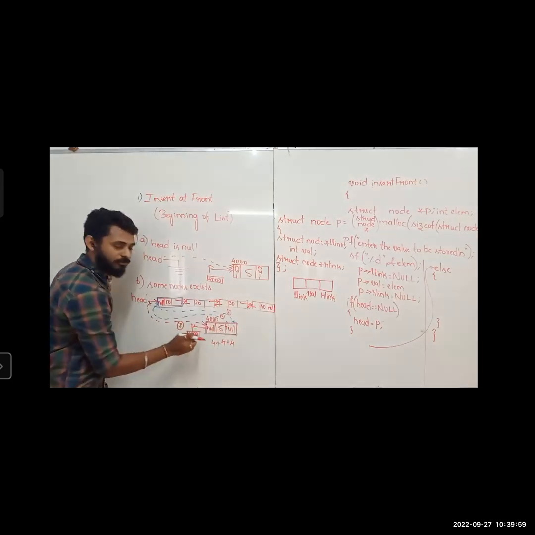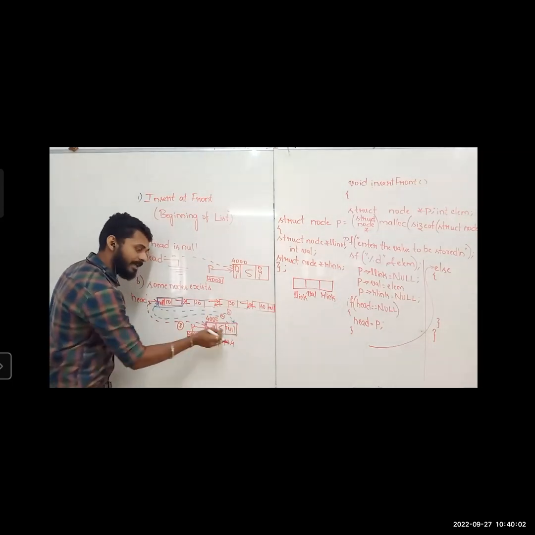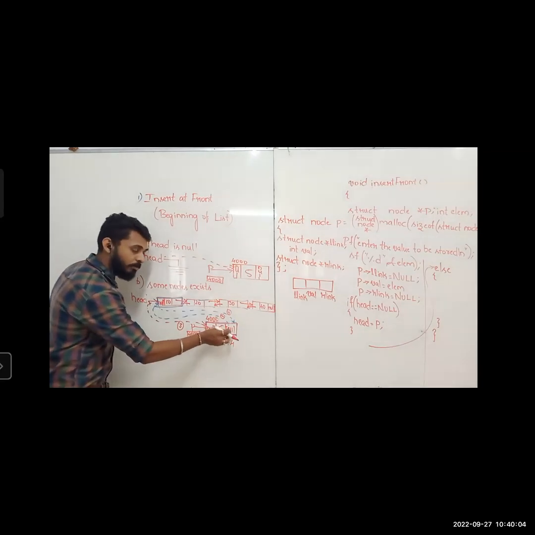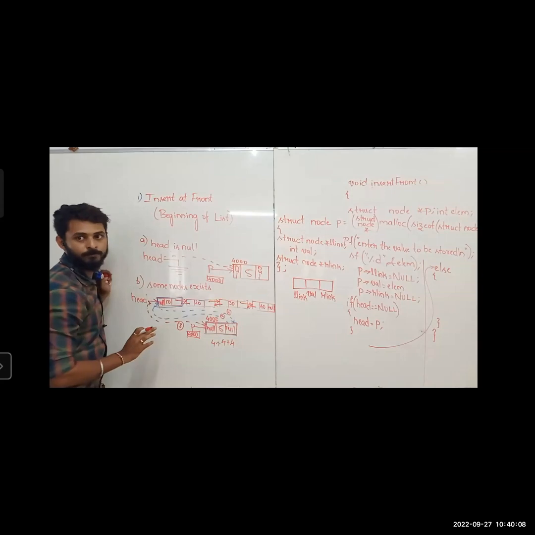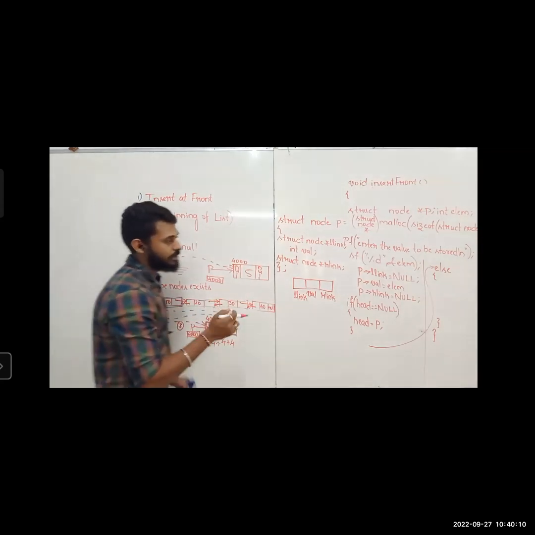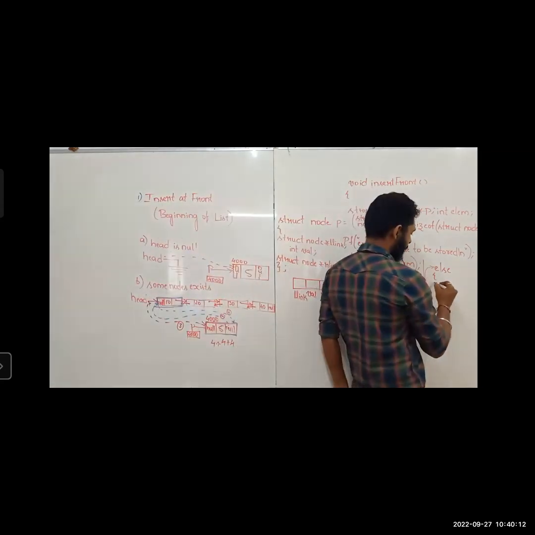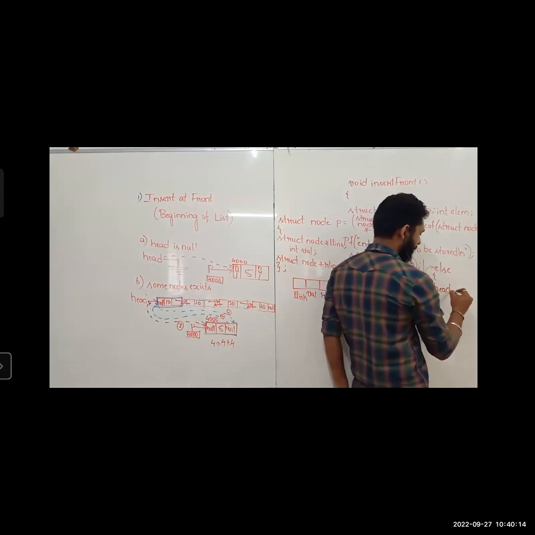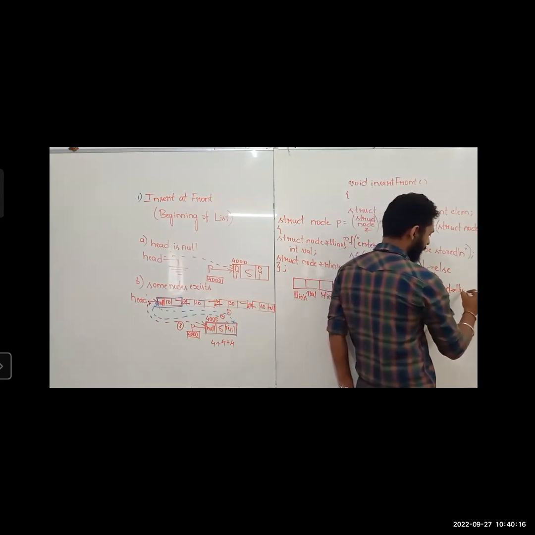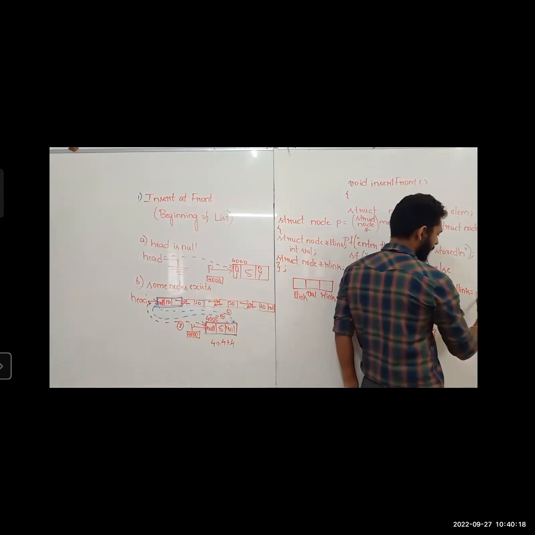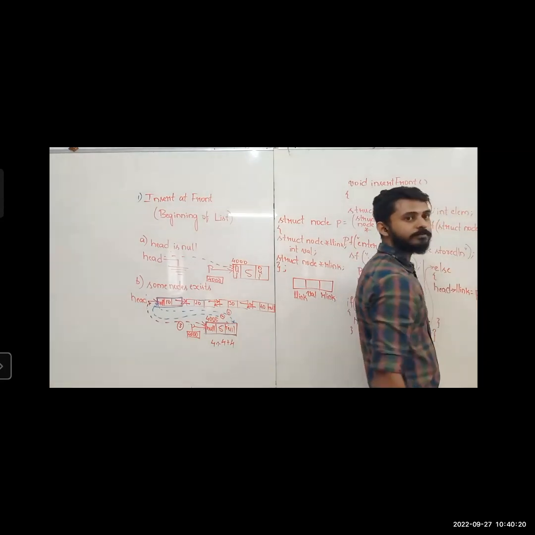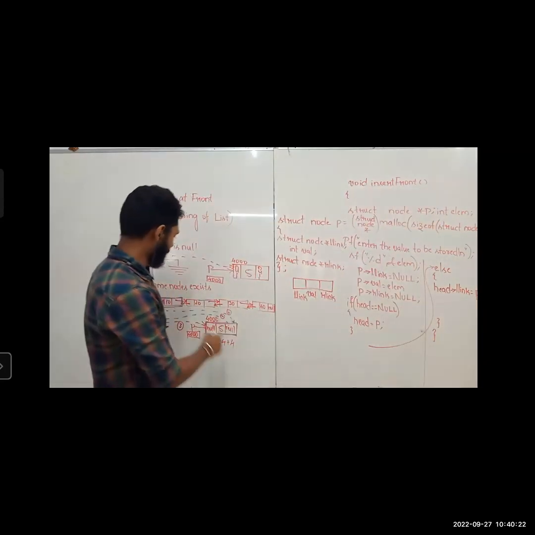If I say inside part, then you will say P's R link. But do I want to point there? No, it should point to this complete box. Getting it? So what should I write then? Head's L link should point to the same place where P is pointing. First line is done.